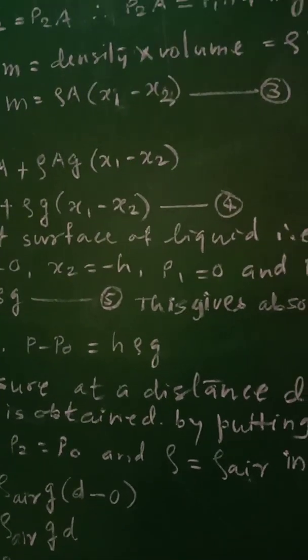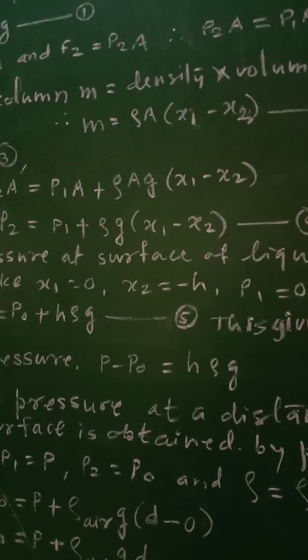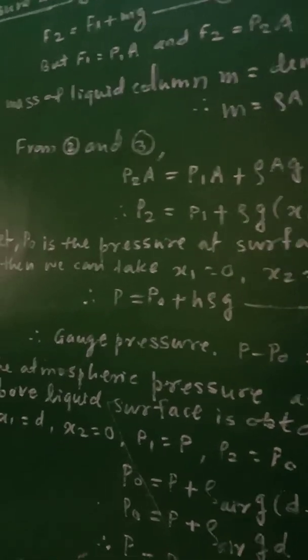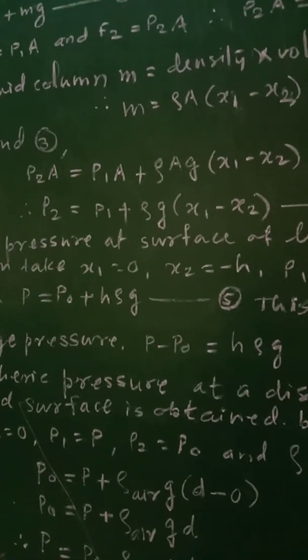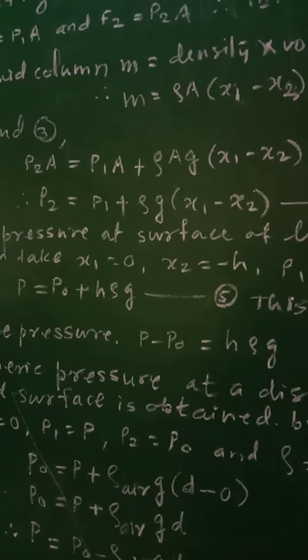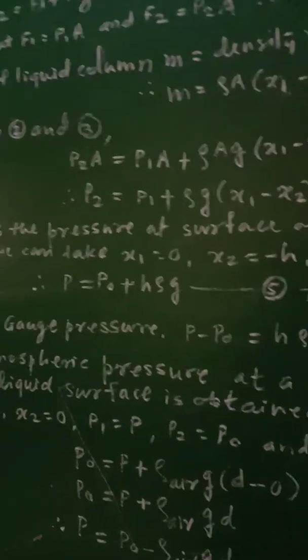This equation number 4 gives the total pressure inside the liquid as well as the atmospheric pressure, that is P2 is equal to P1 plus rho g into x1 minus x2.